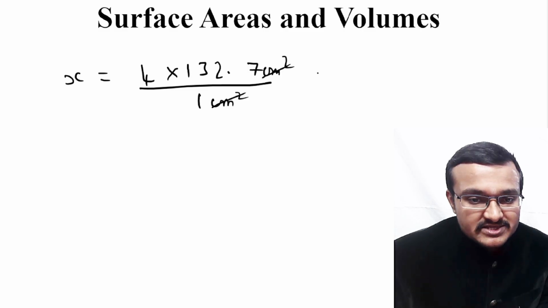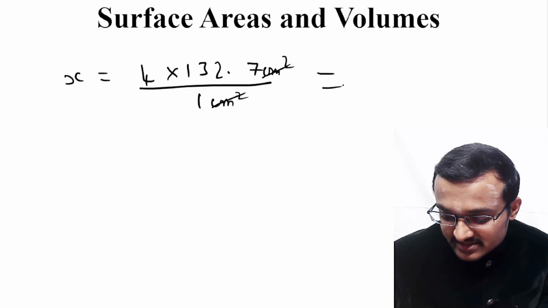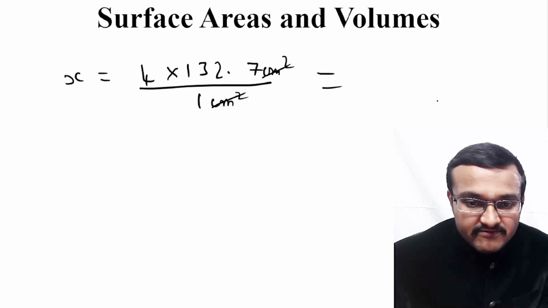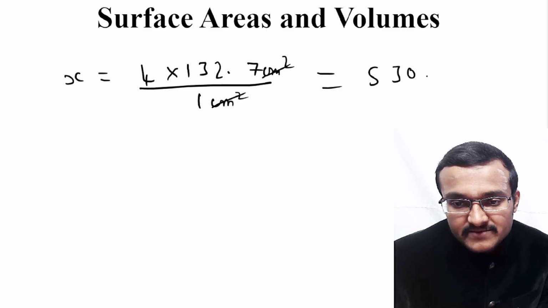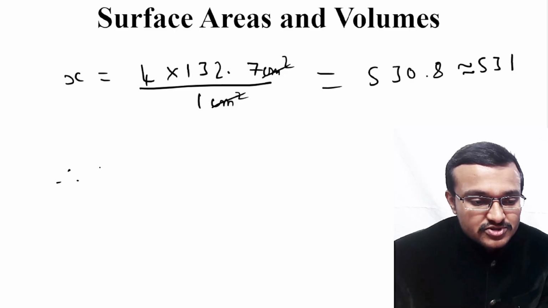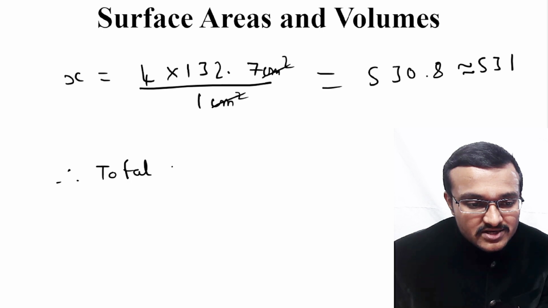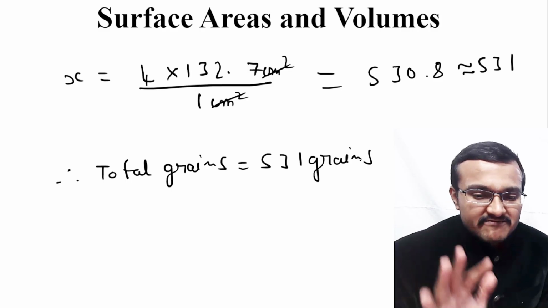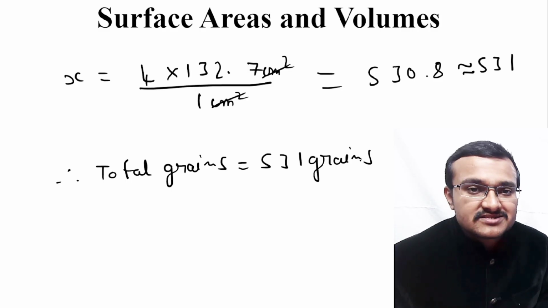So these 2 centimeter squares cancel with each other. So 132.7 into 4 will be equal to 530.8, or you can consider this as 531. So the total grains is equal to 531 grains. So approximately 531 grains are there on this corn.